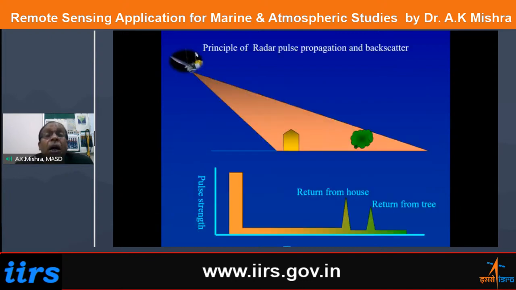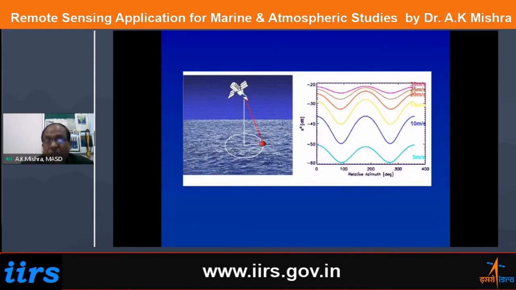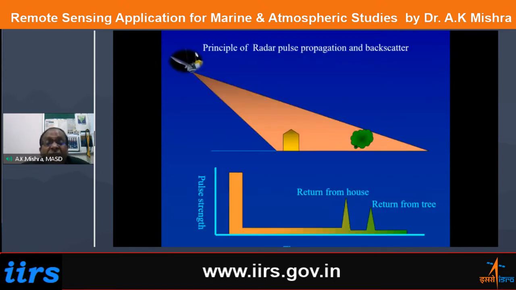And you are already aware of the principle of radar remote sensing, meaning a pulse is sent to the ground, and if there is a house and a tree, you get the return pulse first from the house and second from the tree, and the distance and strength will give you information about the characteristics and distance of the object.